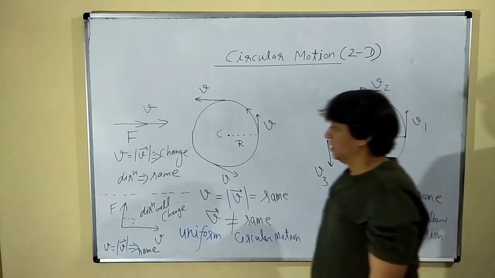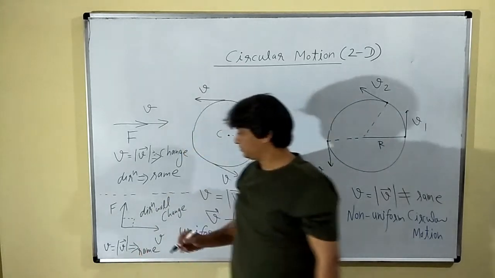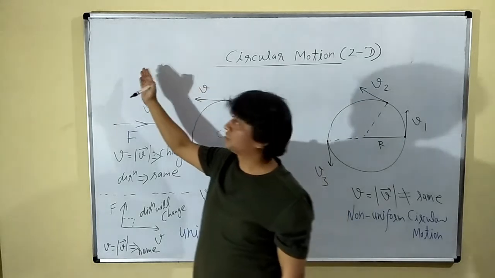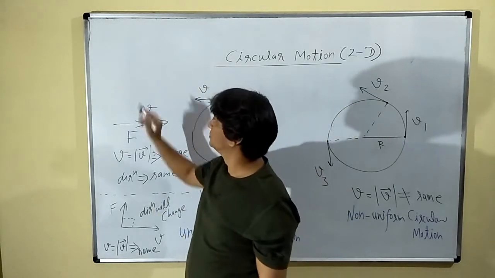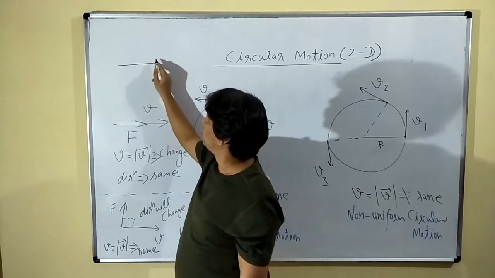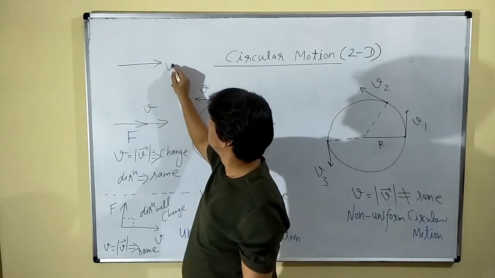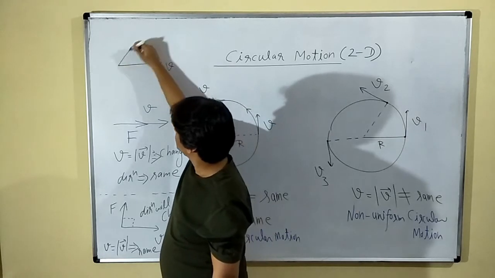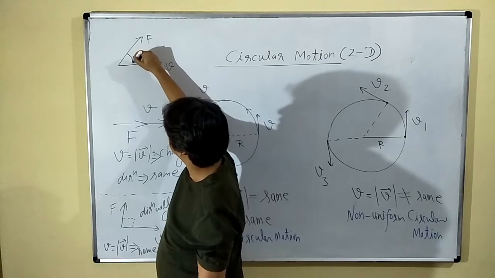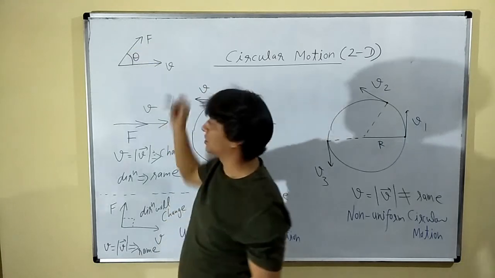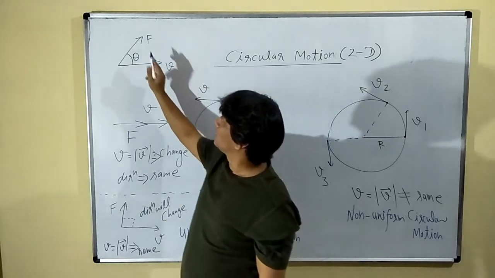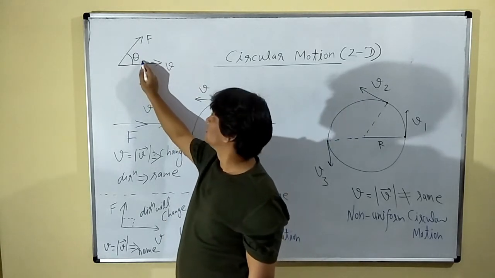Now, look at this third situation. If the object is moving like this, and force makes an angle of theta with the velocity vector, then this force has two components.